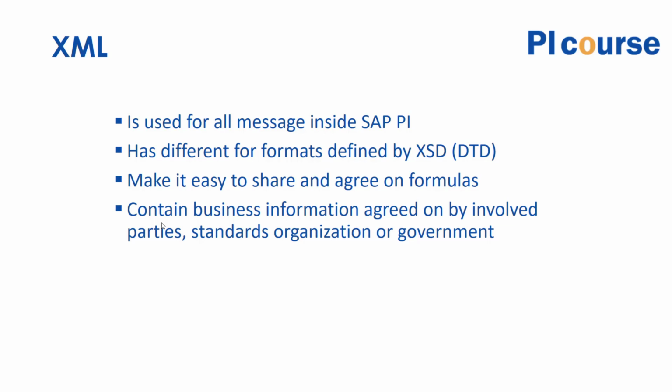Most messages would be formed by an XSD, and an XSD is a description of what format we're expecting and how this works out. And then you've got the WSDL, which includes an XSD plus some more information on it. It's easy to agree to share a format and agree about the message definition that we're going to send.